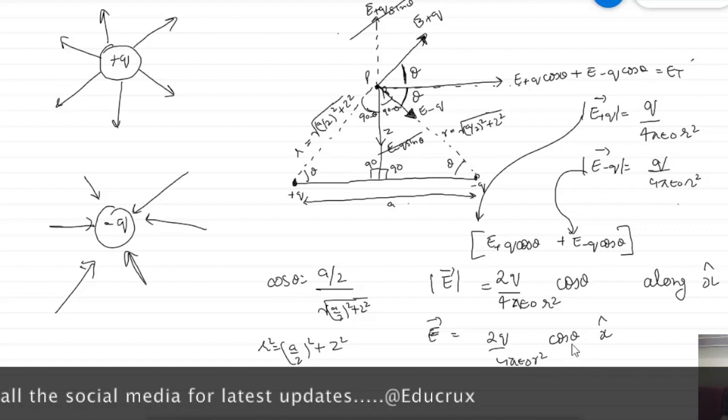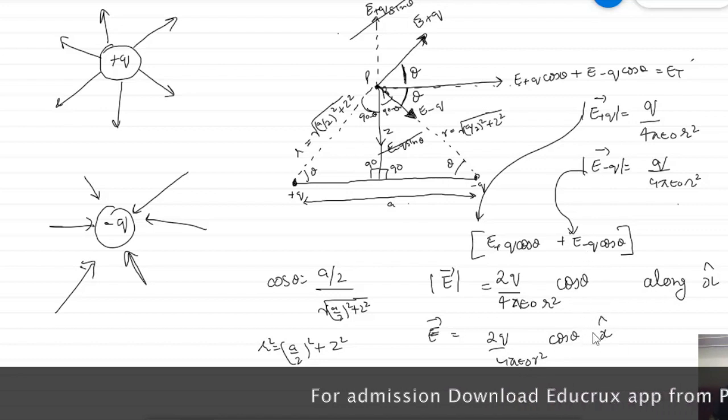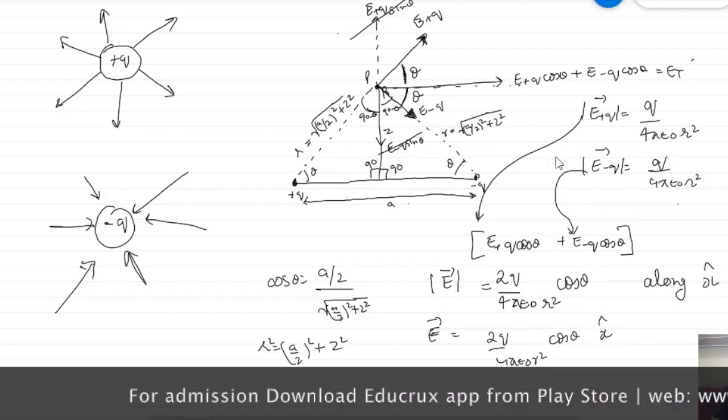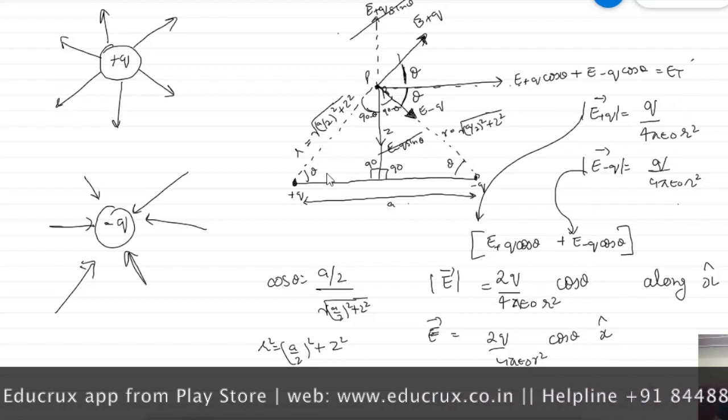So you can substitute all these values and calculate the magnitude of the electric field at point P due to plus q and minus q charges, and the field due to both these charges will be along the x cap and the vertical component will cancel out.